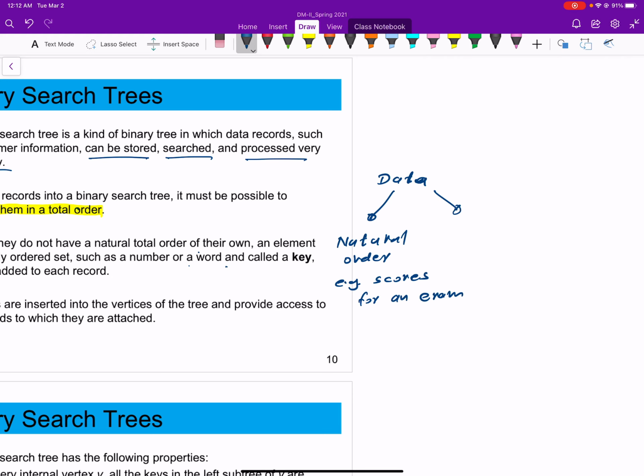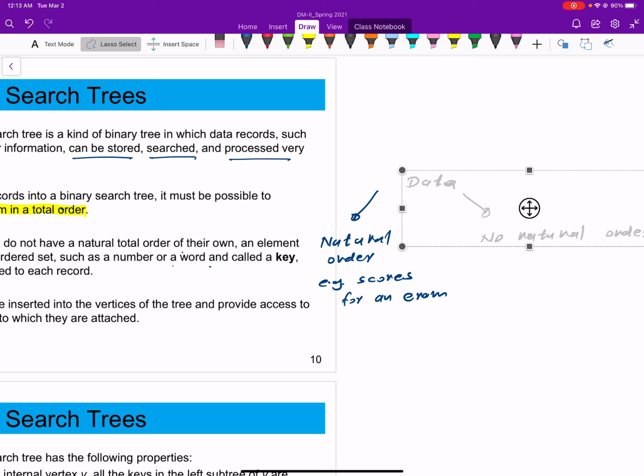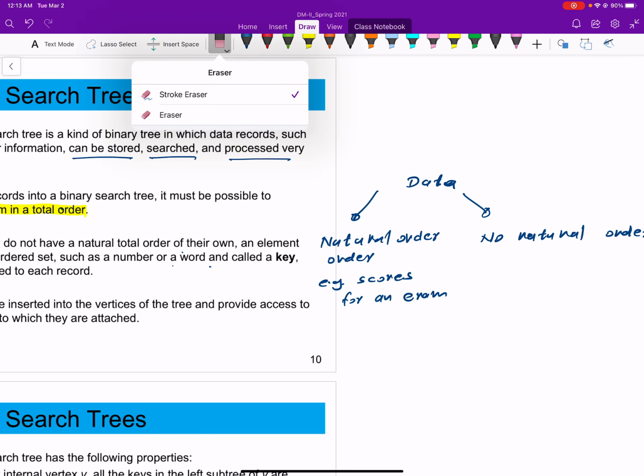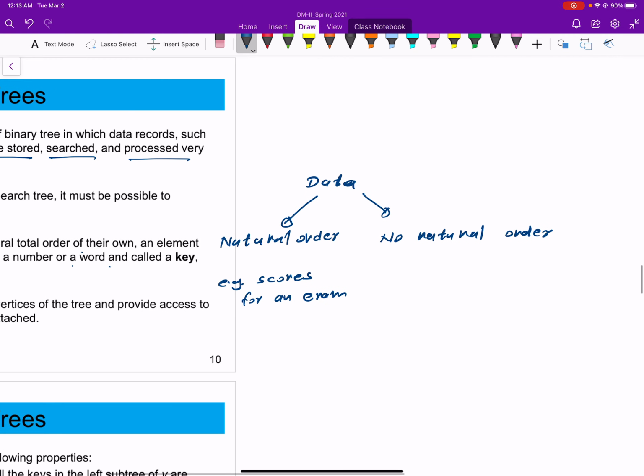And then sometimes data do not have natural order, like colors.